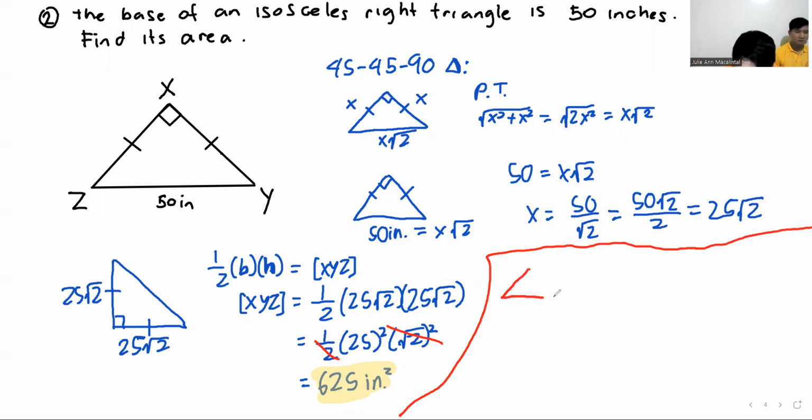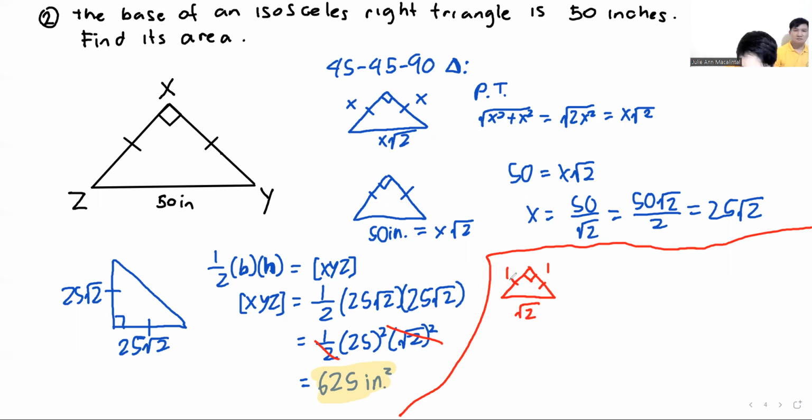Some people memorize this, including me: the 45-45-90 triangle, which is of course the right isosceles, has these proportions of the length: leg, leg, square root of 2 times leg is the hypotenuse.